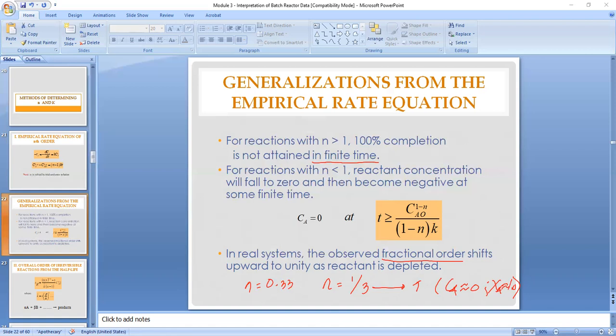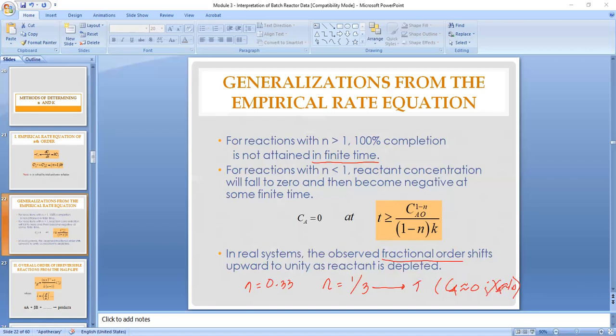So as a consequence of the empirical rate equation, if you use that particular equation, you will notice that as your reactant gets used up, or as the reaction gets to be 100% completed, in the cases of reactions in which the order is decimal or fraction, that order changes. It does not stay at 0.33 or 0.5 or 0.75.